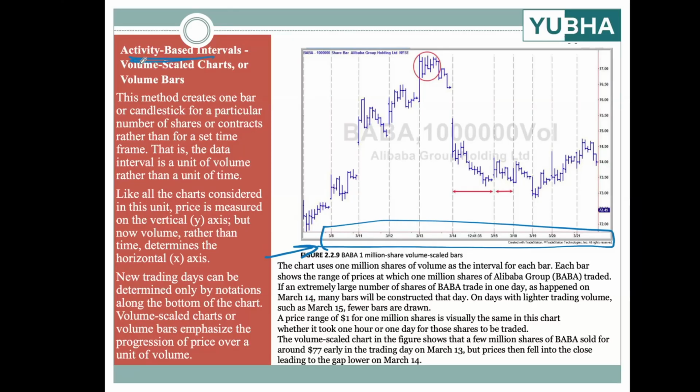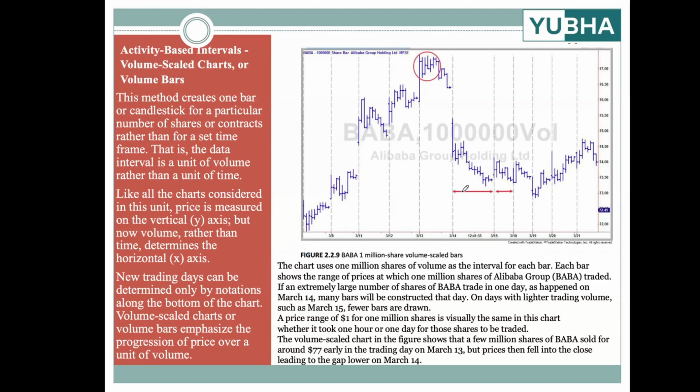The first one that we're looking at is a volume scaled bar, or volume bars. Instead of saying that this one bar is a 5 minute bar, we're saying that this one bar contains a certain volume. In this particular case, 1 million shares of Alibaba being traded for each bar.